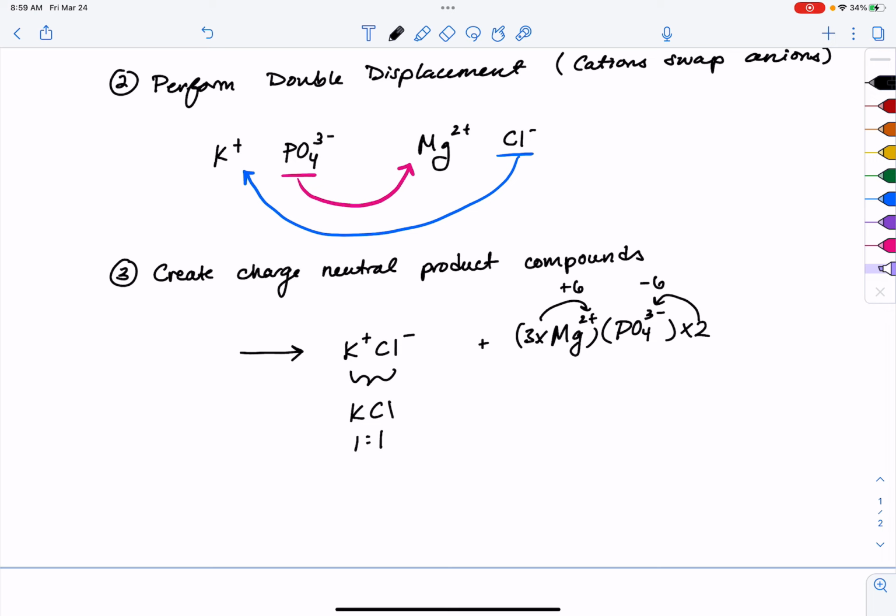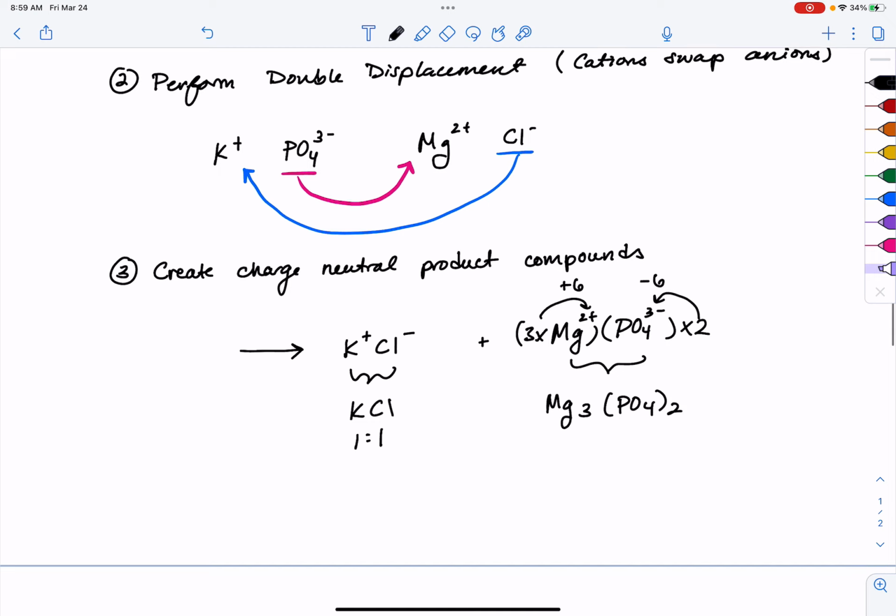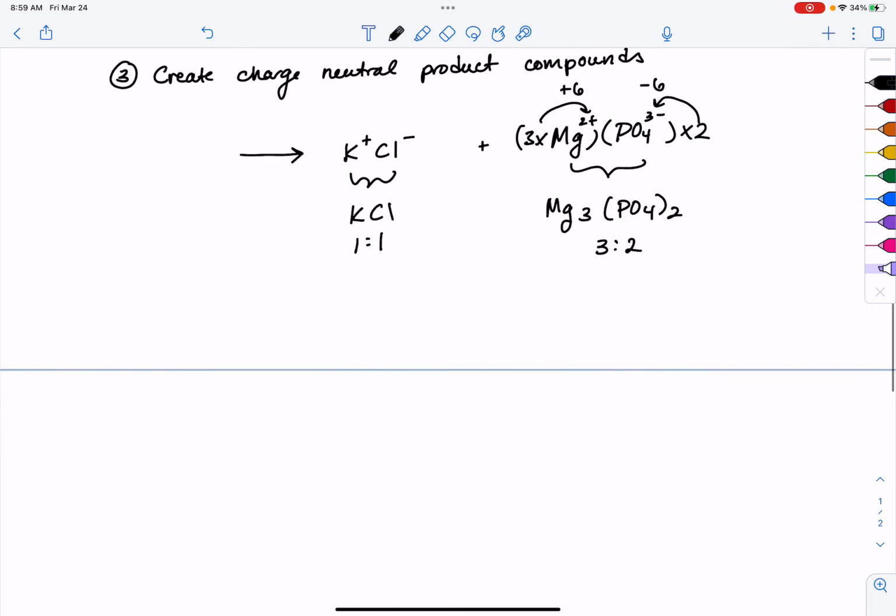So I'm going to put together Mg3 and then phosphate in parentheses PO4 2, and this is in a 3-to-2 ratio. That was our third step.